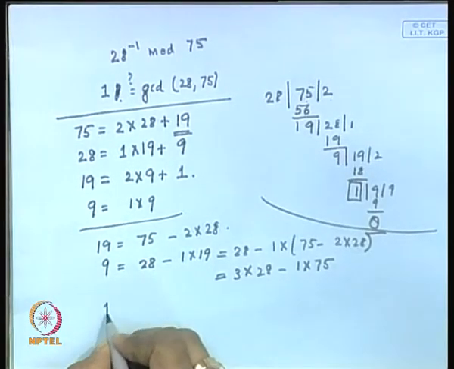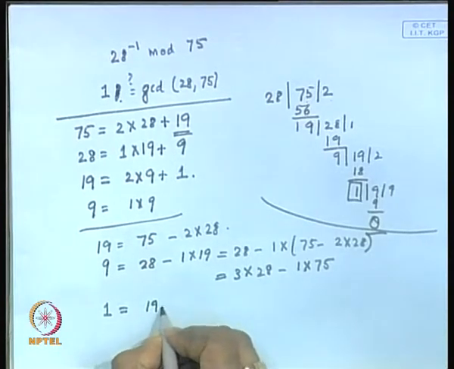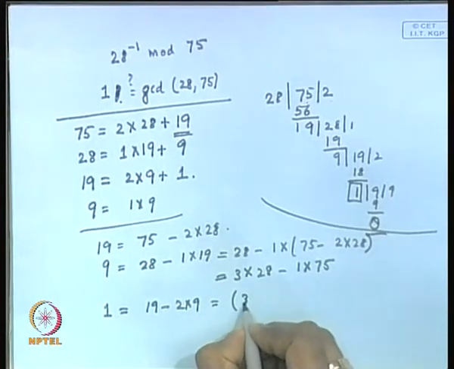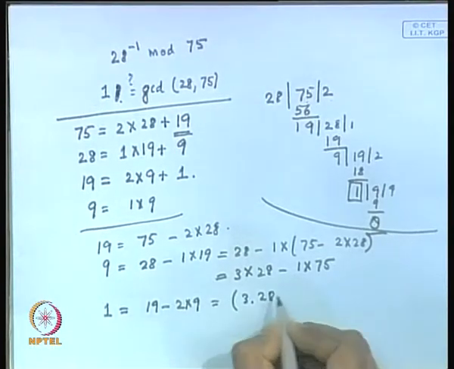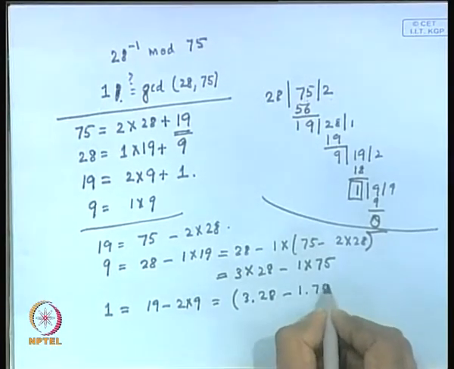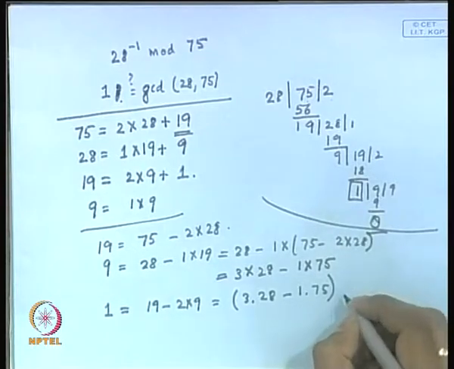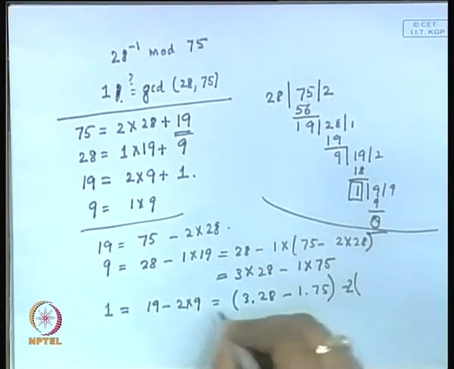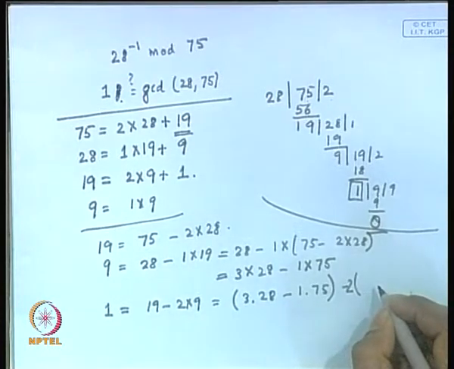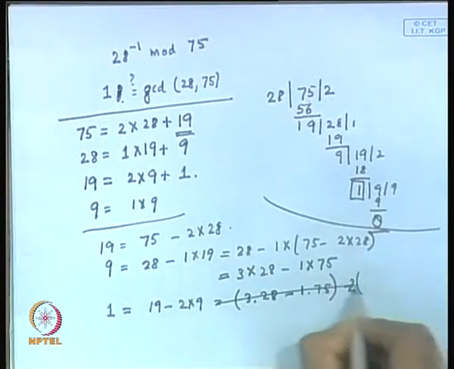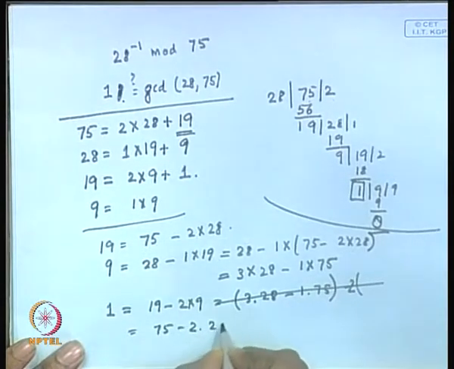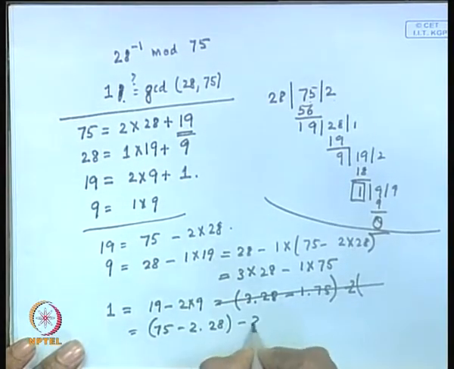So, what about the next element? The next remainder is 1. So, 1 is 19 minus 2 into 9. So, 19 I know as 3 into 28 minus 1 into 75. Okay, I think I wrote the wrong thing. So, therefore, 19 is actually 75 minus 2 into 28, and then minus 2 into 9.